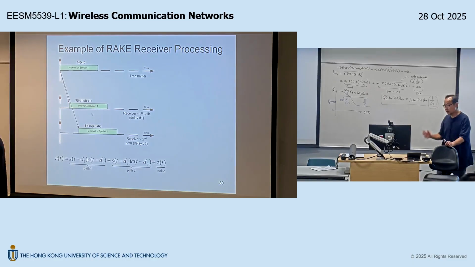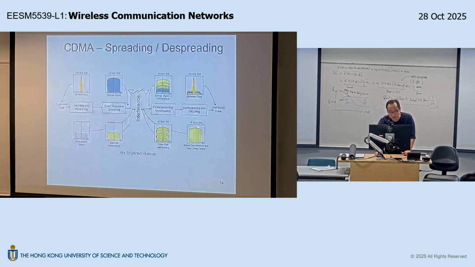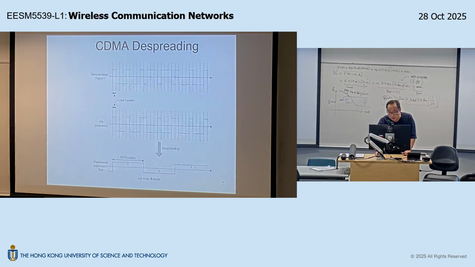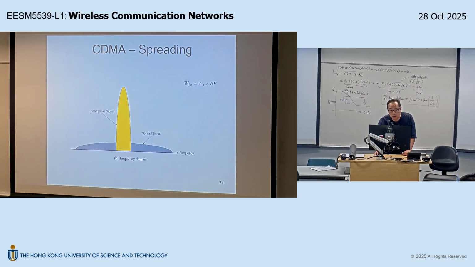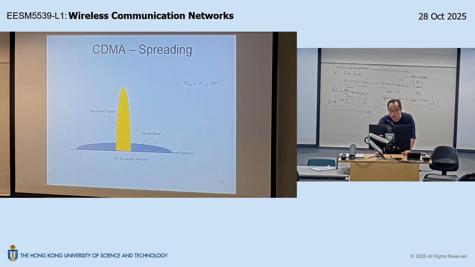So now this is an elaborated answer to the earlier question: why you want to do spreading and despreading, why you want to pay this extra bandwidth cost. The reward you get from this extra bandwidth cost is interference suppression. This 1/64 protection factor is coming from the price you pay for bandwidth expansion. Is that okay?